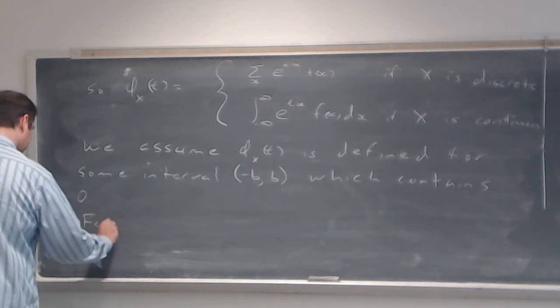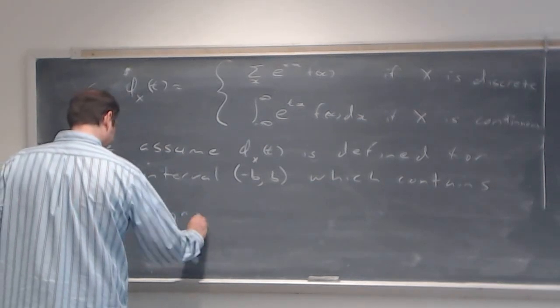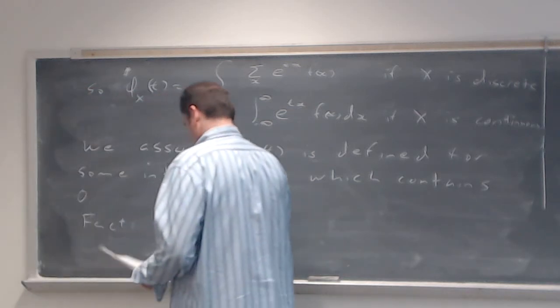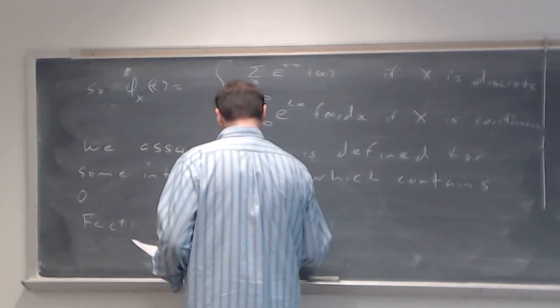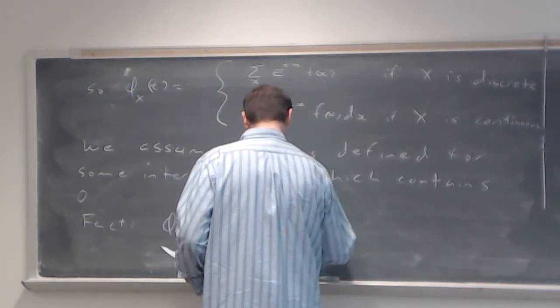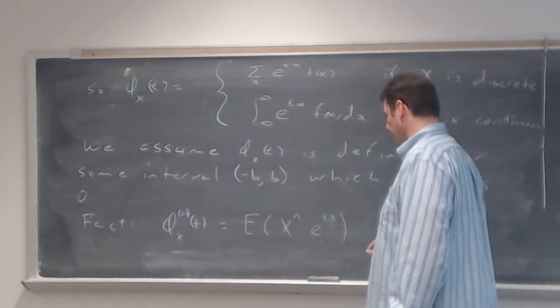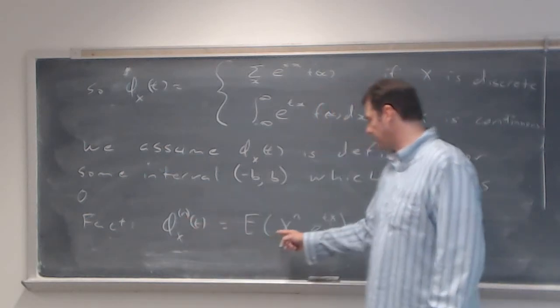So as a fact, if you take the nth derivative of the moment generating function, that's the same thing as the expected value of X raised to the nth power times e to tX. Okay. So this is the moment generating function. That's its derivative.